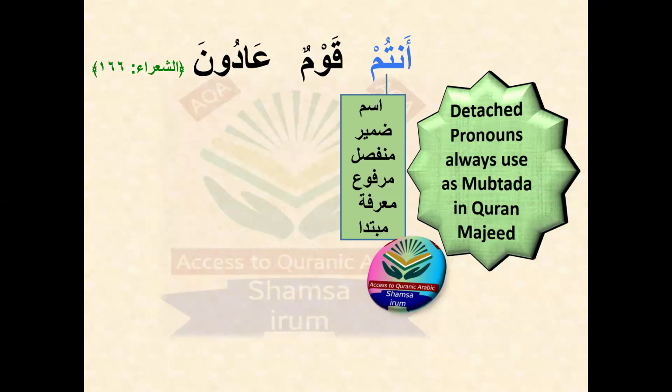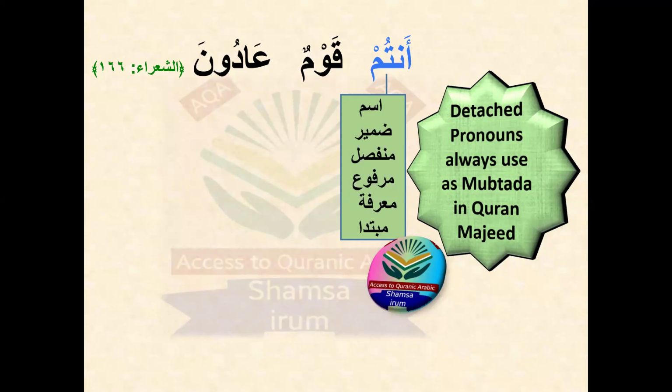If it is Murakkab Tawsifi, let's check whether all the qualities match each other or not. First of all, we will check marifa and nakira. Qaumun is nakira, and Aduna? If I ask you, you can give the answer yourself, and when I give the answer you can match it with mine. Is Aduna marifa or nakira?